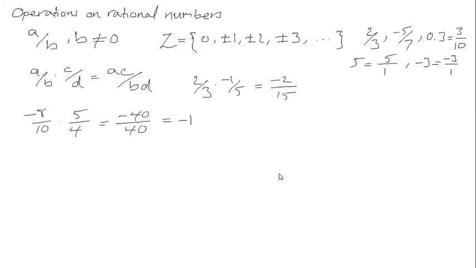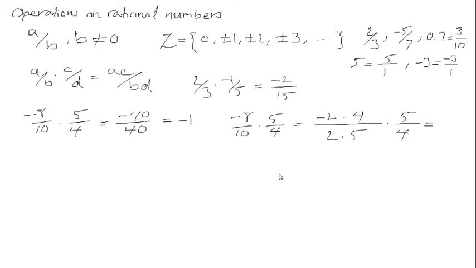There's another way I could do this multiplication. Negative 8 over 10 times 5 over 4. I could write negative 8 as negative 2 times 4, and I could write 10 as 2 times 5, times 5 over 4.